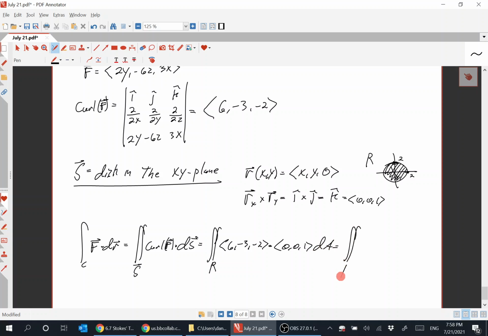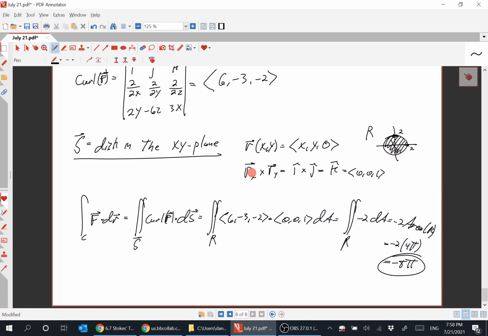So it's the double integral over R of minus 2 dA, which is minus 2 times the area of R, which is 4 pi. Minus 2 times 4 pi. Right, pi times the radius squared, minus 8 pi. Same answer. Right, same answer, totally simple calculation.